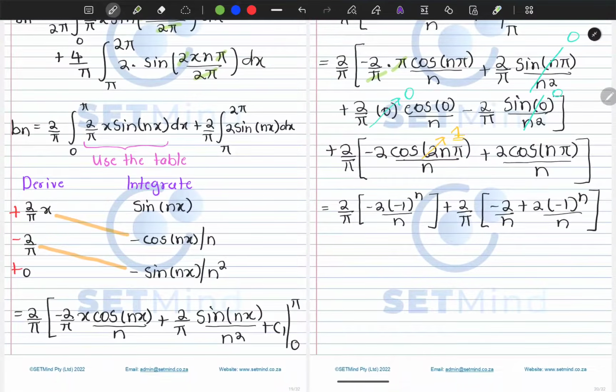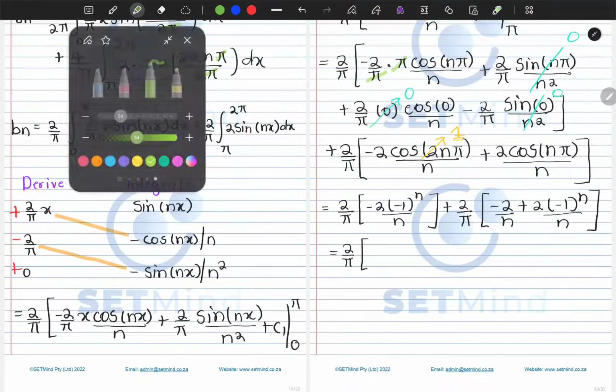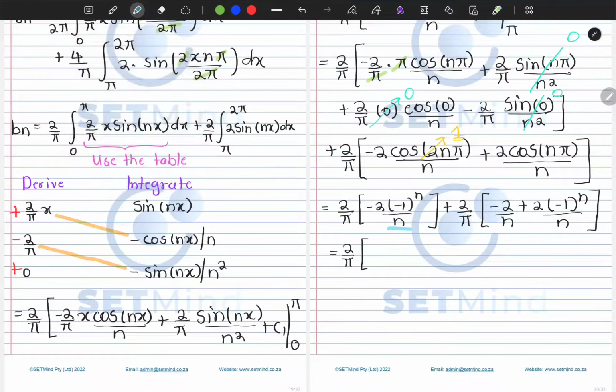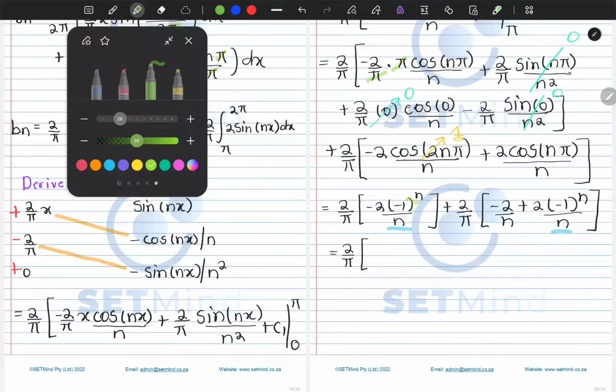So we can now go ahead and collect this. If you observe carefully, I can factor out 2 over n such that we have addition of components. This will add up with this to give us 0.